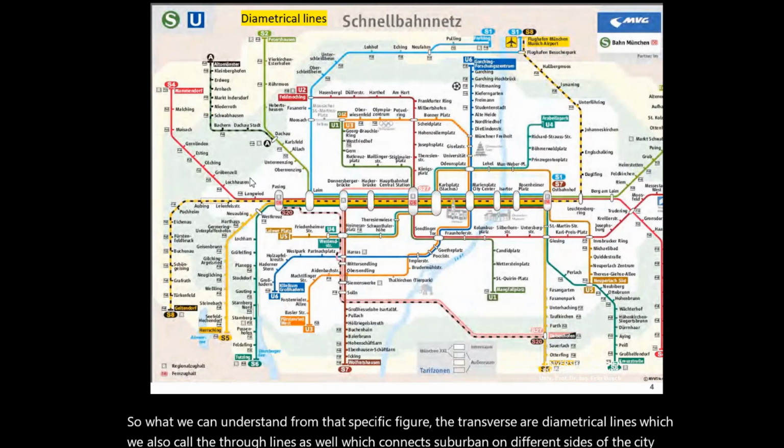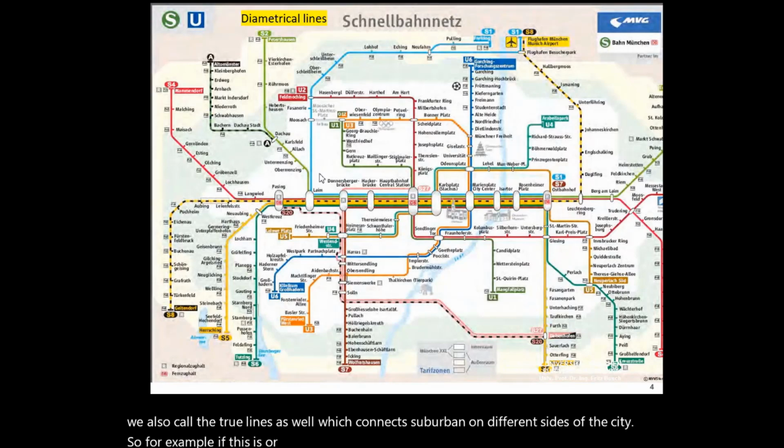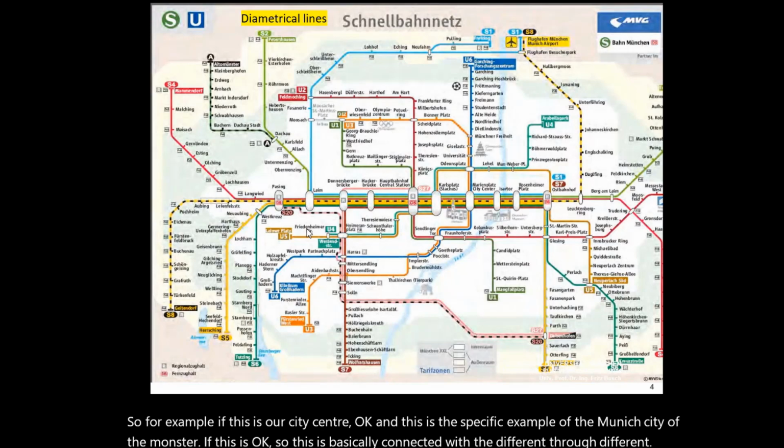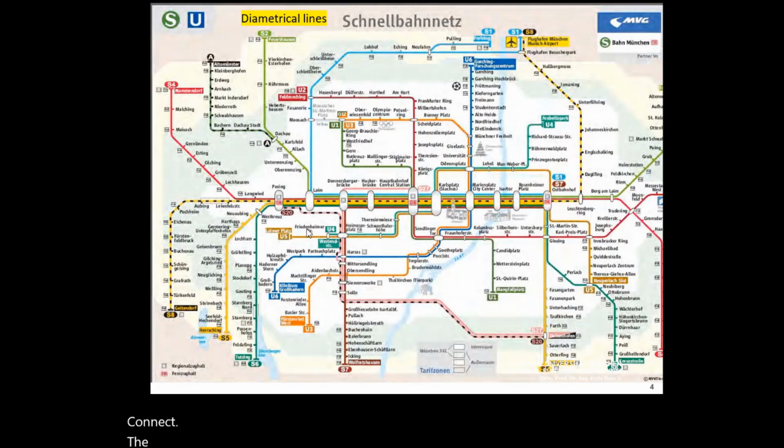So for example, if this is our city center, this is the specific example of Munich city, of the München. If this is our Hauptbahnhof, this is basically connected with different diametrical lines, which basically connect the suburbs on different sides of the city center.